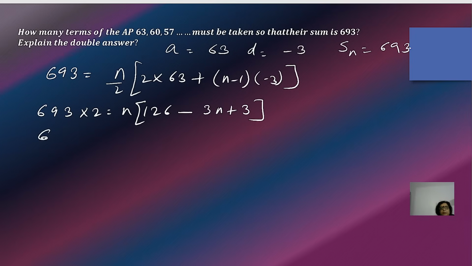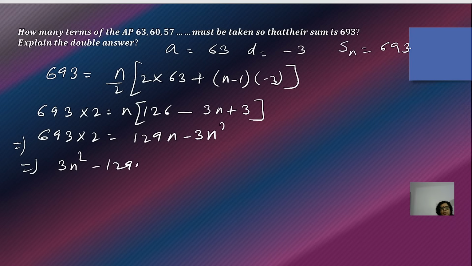So this becomes 693 into 2 is equal to 129n minus 3n squared after opening the bracket and multiplying by n. So this can be rewritten as 3n squared minus 129n plus 693 into 2 is equal to 0.